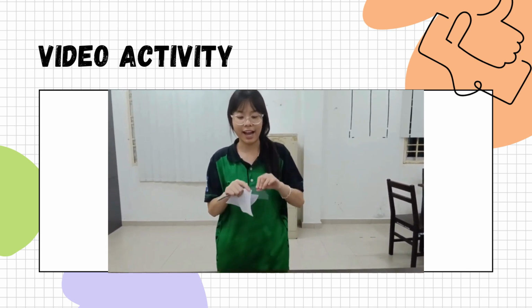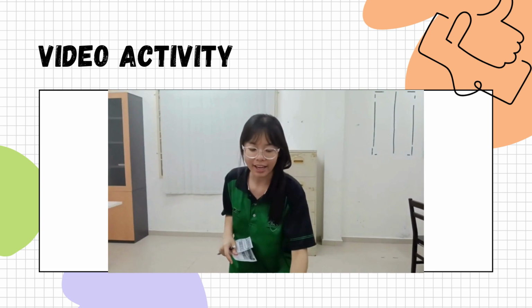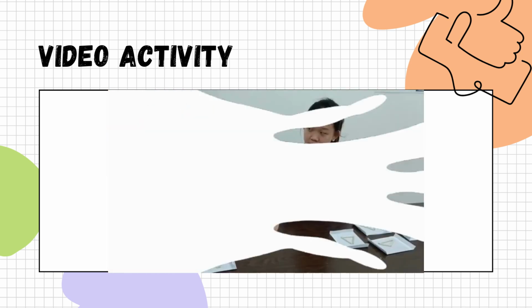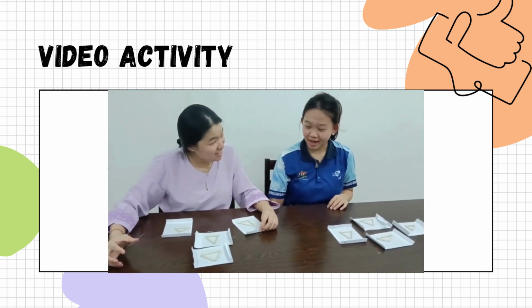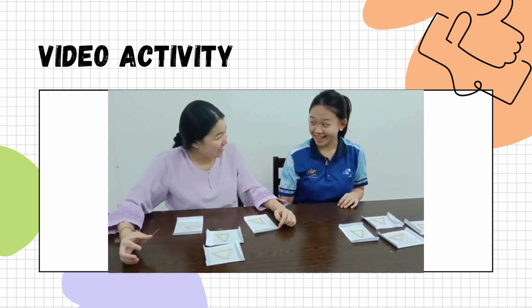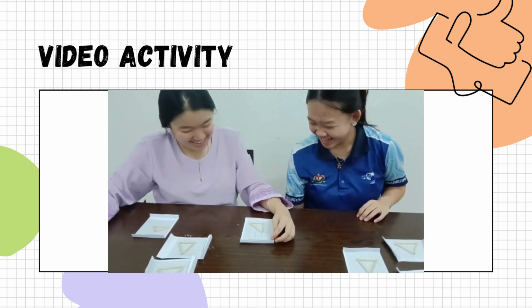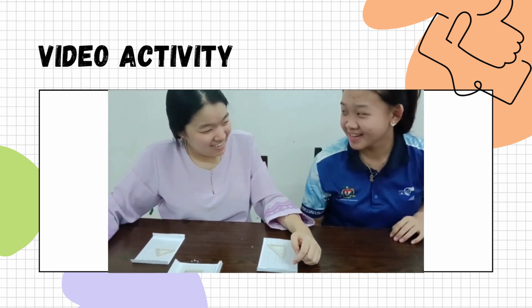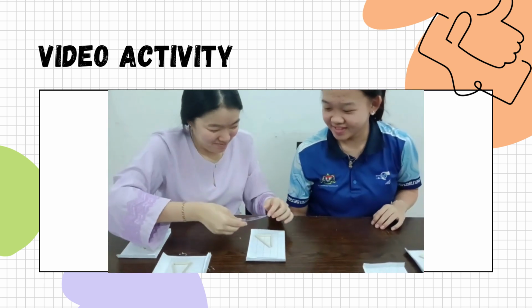So now I give you to try and to measure the angle that you have made. Okay, oh, so this one is... How to measure? I don't know. Never mind, teacher will help.